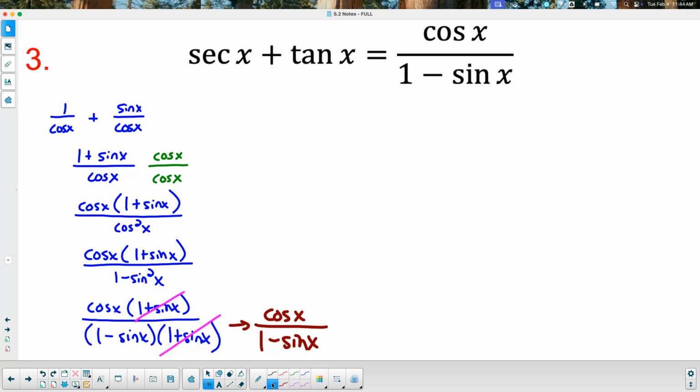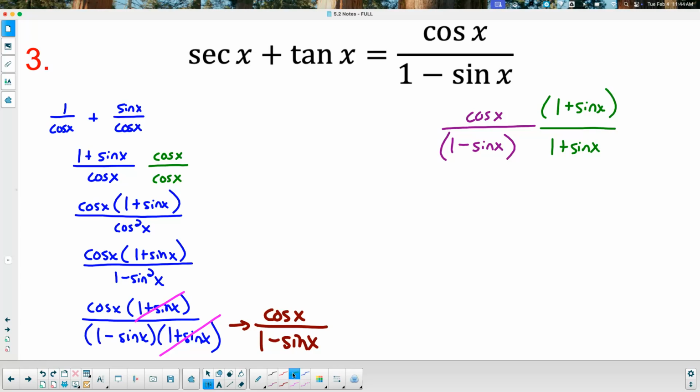Okay? For you right-siders, same thing, I am going to introduce 1 plus sine over 1 plus sine. Also still a fraction equal to 1. Okay, still doable.